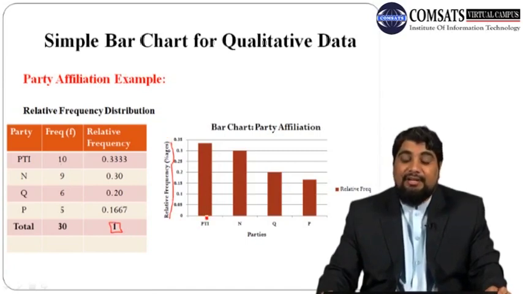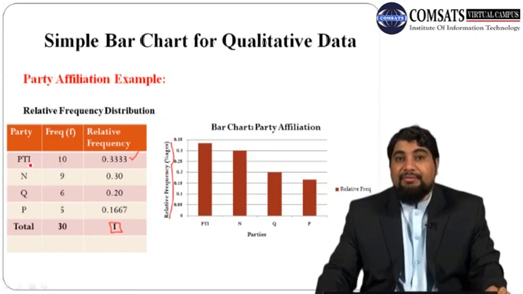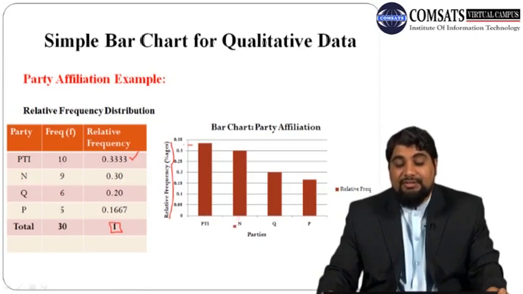So just draw the bars with height. Now in this case it should be proportional to the relative frequencies. The relative frequency of the first category PTI is 0.333, so just draw a bar with height equal to 0.333. Similarly PMLN, the second category, its relative frequency is 0.30, so this height is at 0.30.